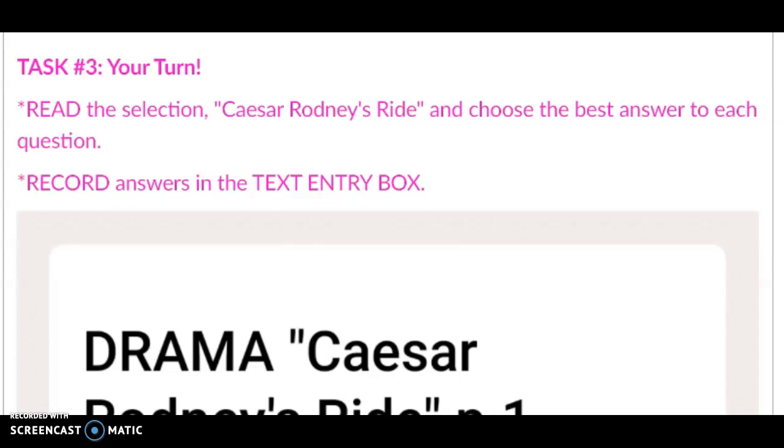Now, this drama is an excerpt or a piece of a larger drama called Radio Play. Okay, but what you're going to do is read the selection, Caesar Rodney's Ride, and choose the best answer to each question and record your answers in the text entry box. Now, I know some students like to listen to it, and some students would just much rather read it on their own.